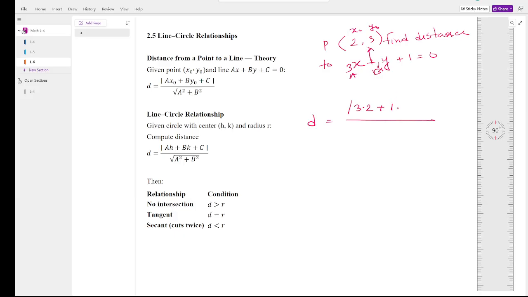Y naught is 3, plus c equal to 1, and root over 3 square plus 1 square. Now we calculate: up is 10, and downside is 9 plus 1, root over 10, so it is 10 over root 10.